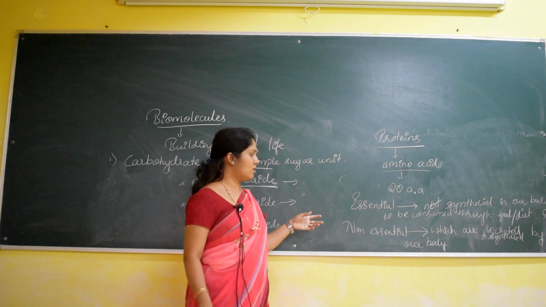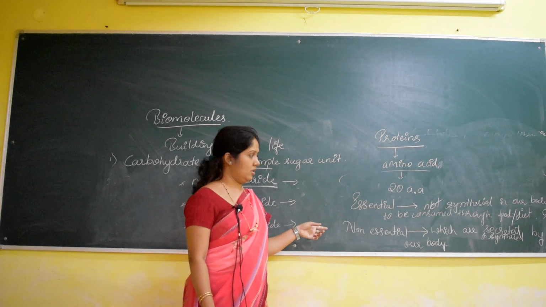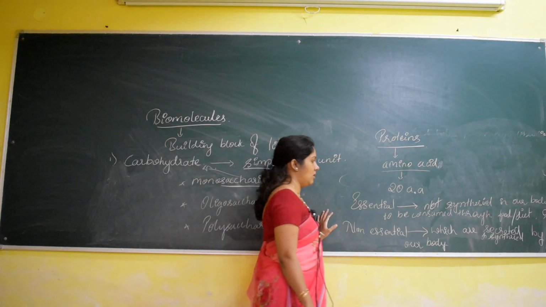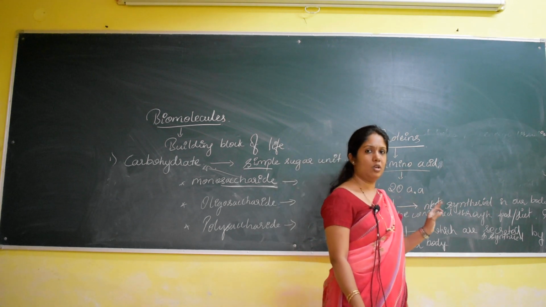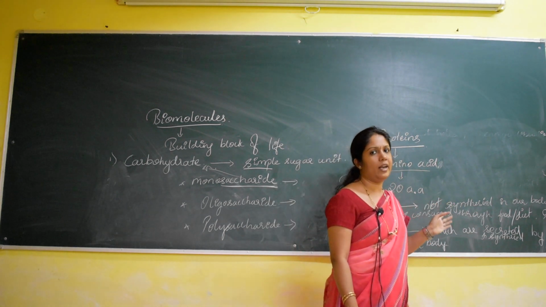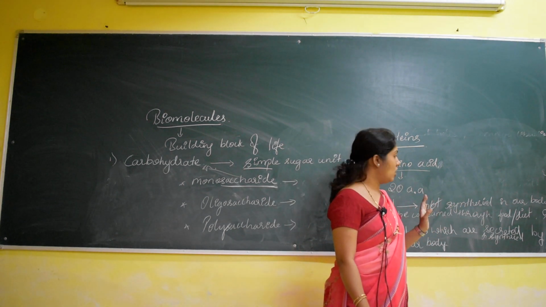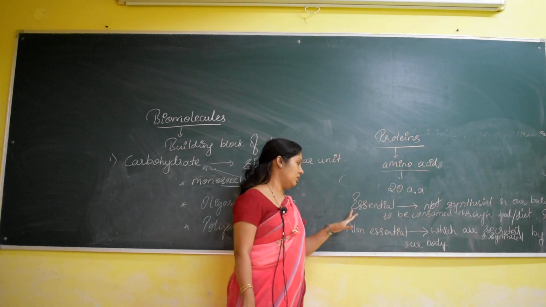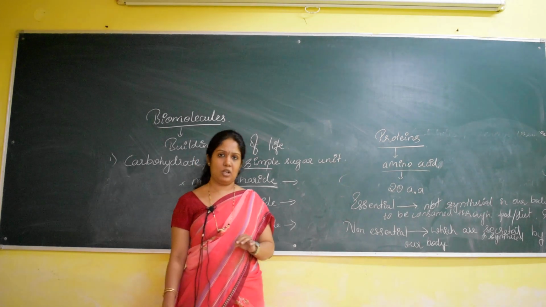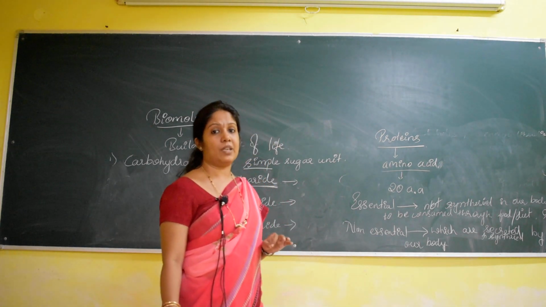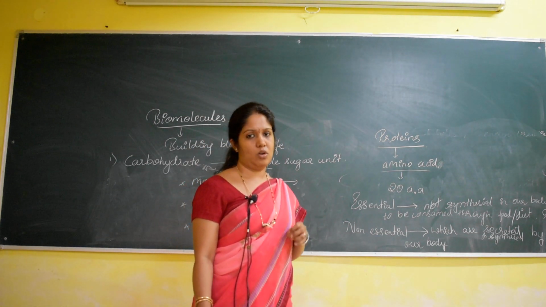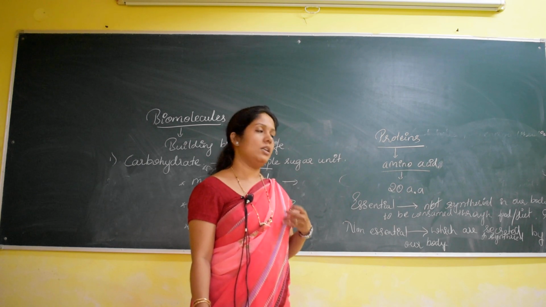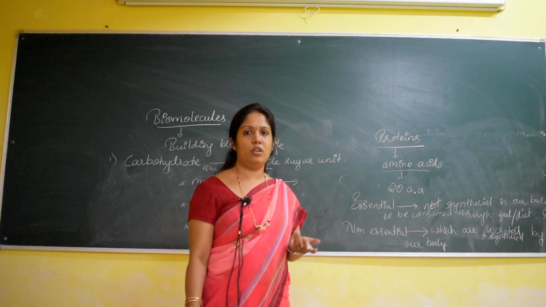So that is about essential and non-essential. Essential are the amino acids which are consumed only through food or diet. Our body will not secrete these amino acids. Non-essential are the amino acids which are secreted in our body, hence they need not be taken through food.